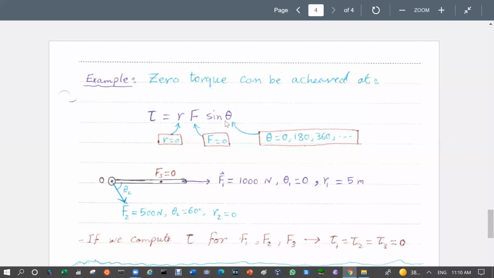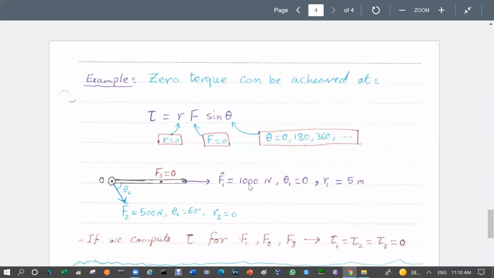What about sine theta? We know that sine theta is equal to 0 when theta equals 0, 180, or 360, and so on. If you try to pull the door in this direction or push on it in the opposite direction of the radius R, the angle is 0.